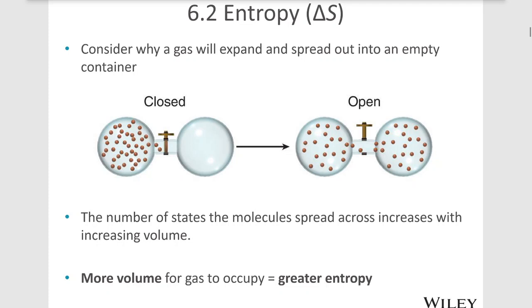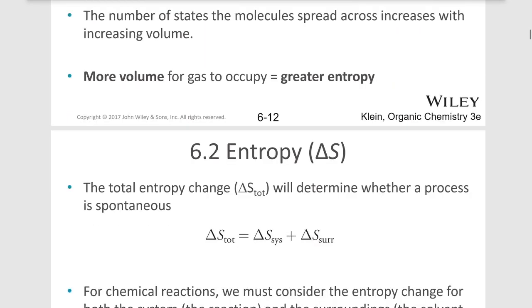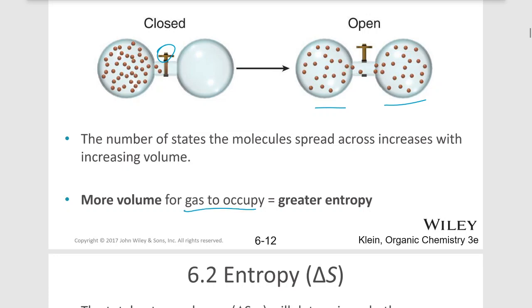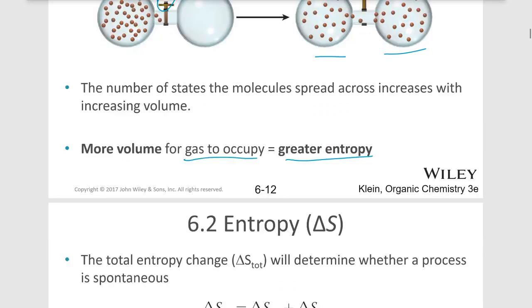If we open a stopcock between those two sides of the container, then the molecules are going to spread across the container from one side to the other, and they're going to evenly distribute themselves across the container. This is an increase in entropy, or an increase in randomness. If the gas has more volume to occupy, we have greater entropy.